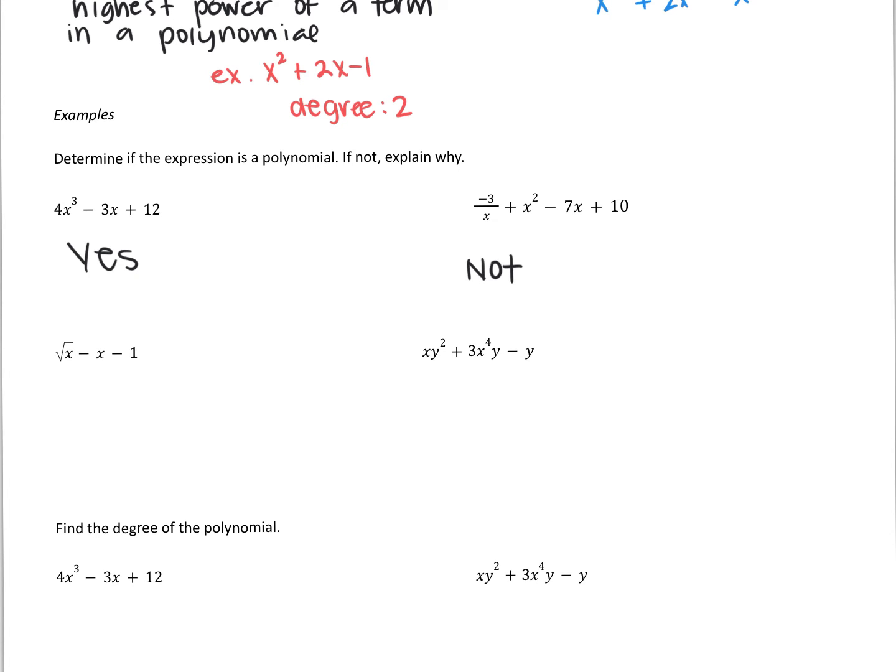The reason is the first term, -3/x, which is the same thing as -3 times x to the -1. Anytime you have a variable in the denominator of a fraction, it has a negative exponent. So a variable cannot be in the denominator.